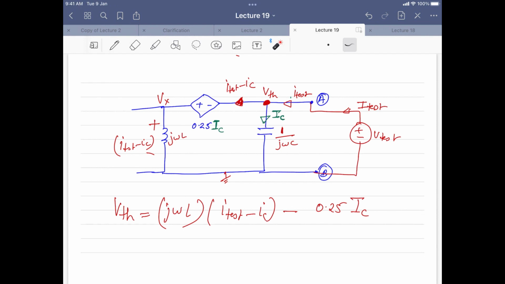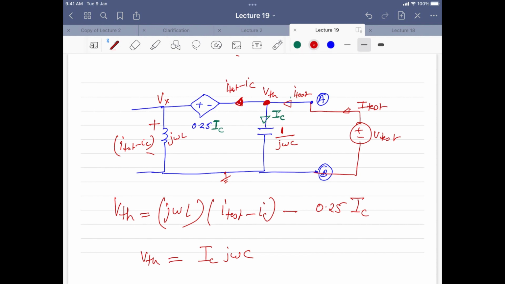Yes, sir. Okay, so now the second thing is you can write another equation from this side. What will that be? It will be VTH is equal to IC times J omega C. Right? Yes, sir.